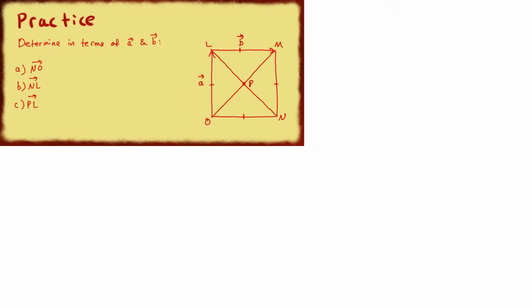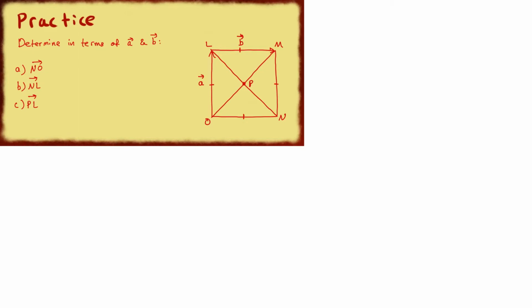For the first question, we're asked to determine NO, which originates here and terminates here. We can see that this is pretty much opposite to vector B, which originates from here and terminates here. This is exactly the opposite. It has the same magnitude because, well, we're shown that this side and this side are the same.